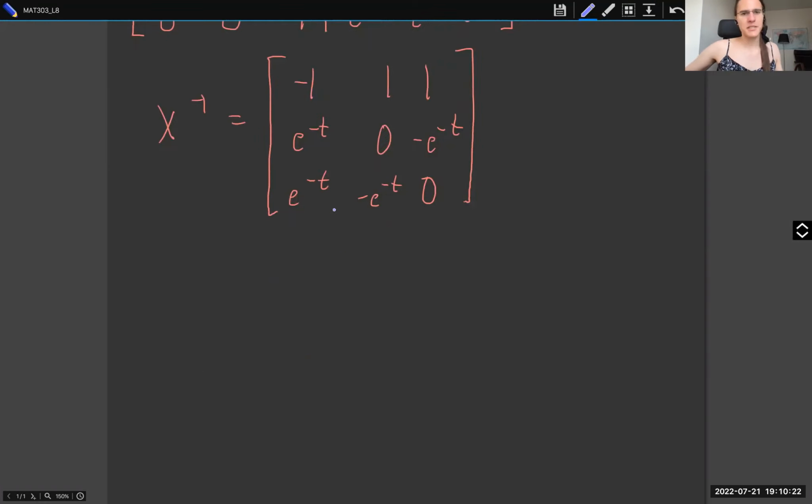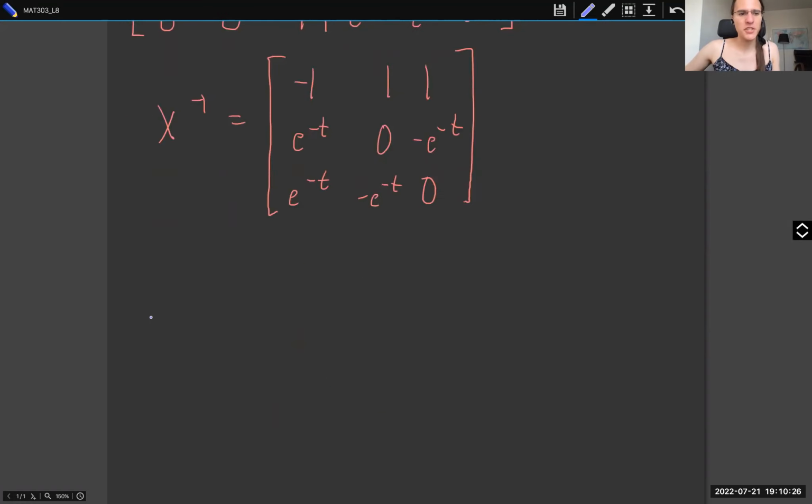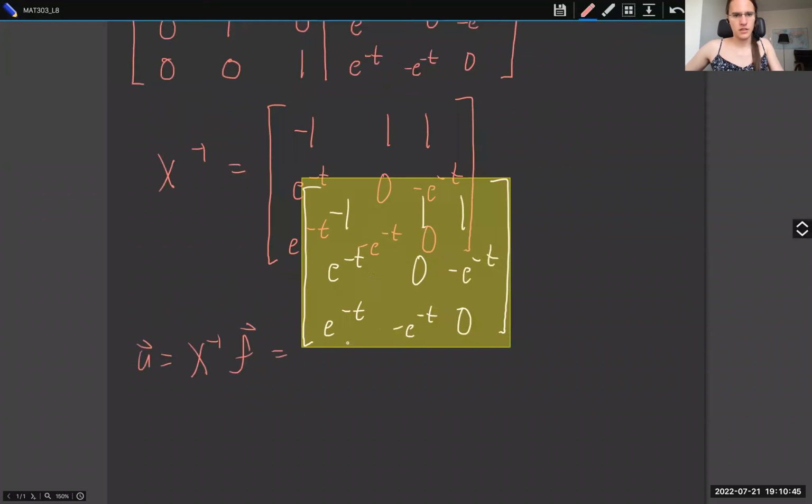Okay, let's get back to it. So we found x inverse, and so what u prime is equal to is x inverse of f. And so that's this.